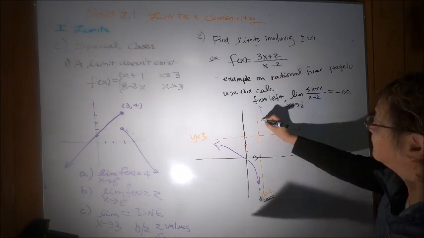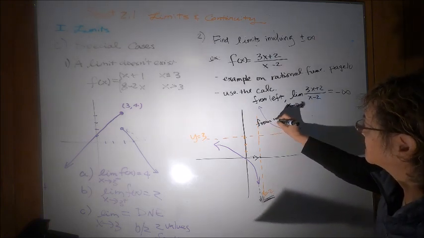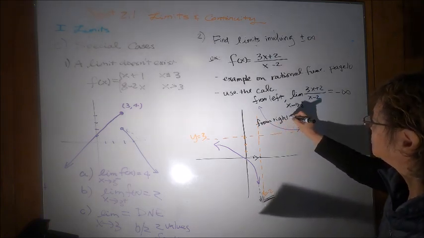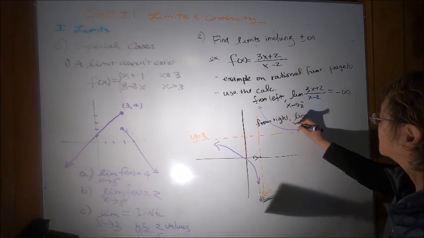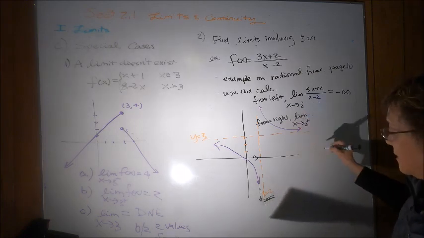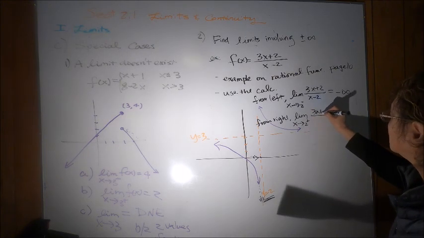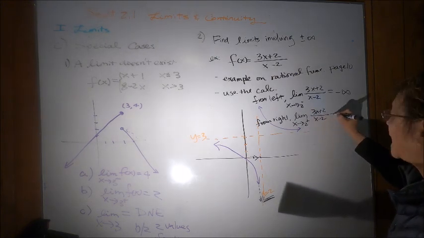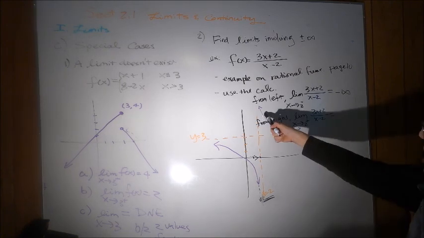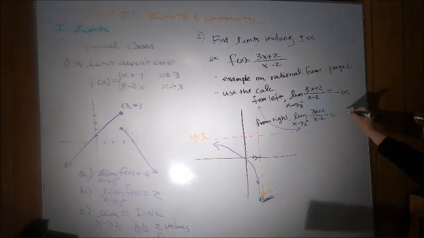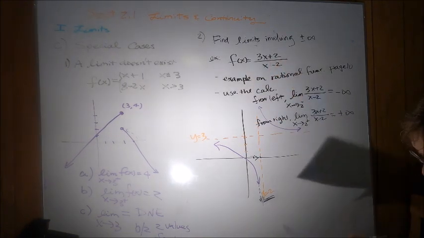If from the right, what do we have? The limit as x approaches from the right-hand side. According to the graph, what happens to your y value? The y value keeps going and becomes positive infinity.